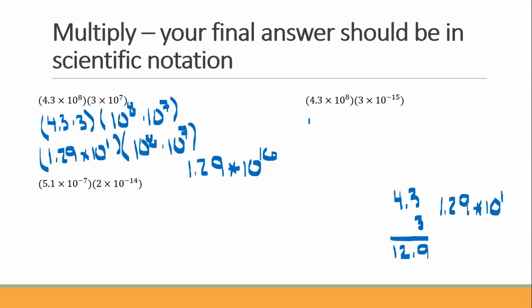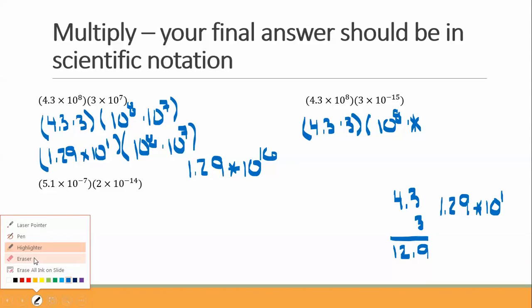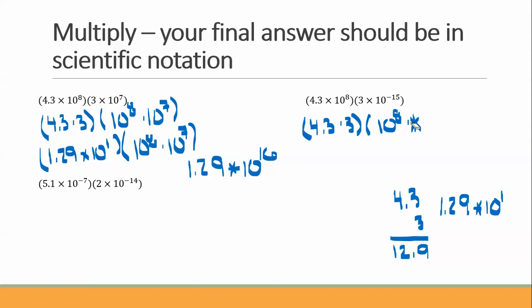Again, for this one we have 4.3 times 3 because we can multiply in any order. And then we have 10 to the 8th times 10 to the negative 15th.